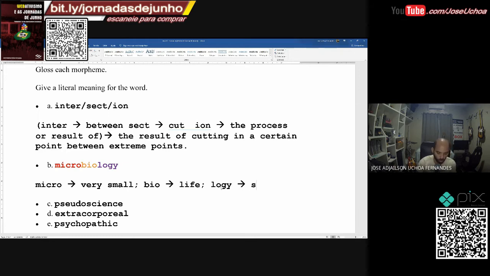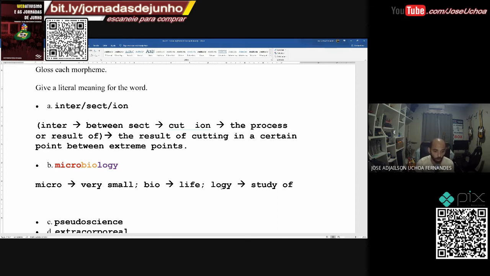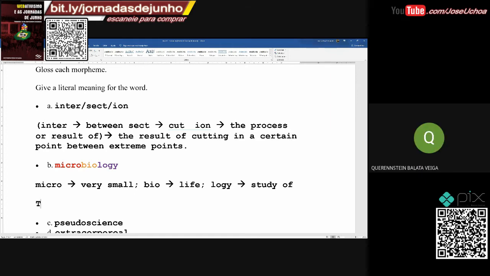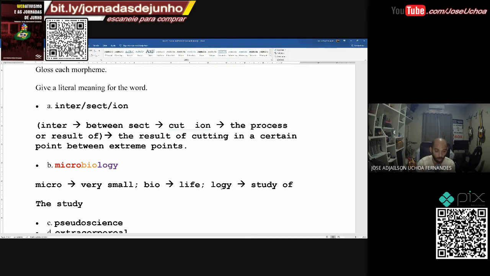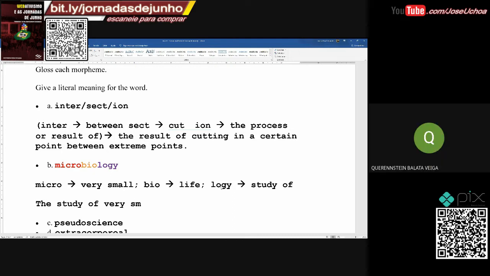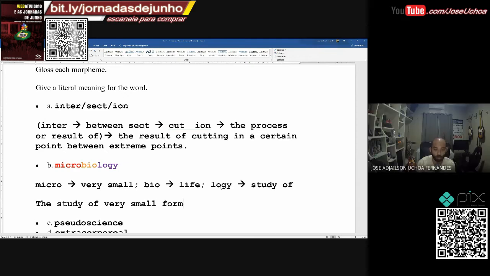So logi means study of. So what would be the literal meaning for microbiology? How could you write a kind of entry for this word? The study of very small forms of life.